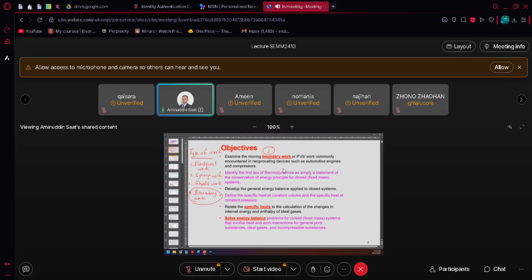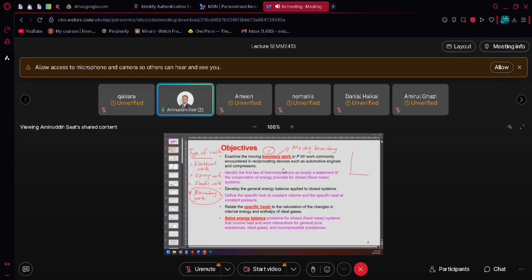So the boundary work will be discussed quite a lot in this chapter 4, because the boundary work is related to the moving boundary. If you realize, in the closed system there are systems that have the capability of moving the boundary, like a piston cylinder.